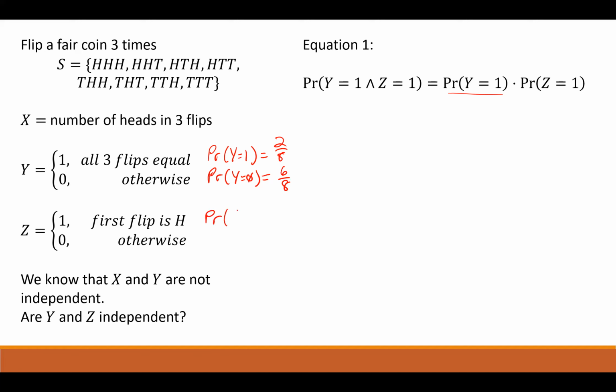What about the probability that z equals 1? So the first flip is heads. What's the probability of that? Yeah, it's a half. And we can look at the sample space and look at all of the ones where the first flip is heads. So I have 1, 2, 3, 4, so I get 4/8. Since all of these coin flips are independent, I can also cheat, right?